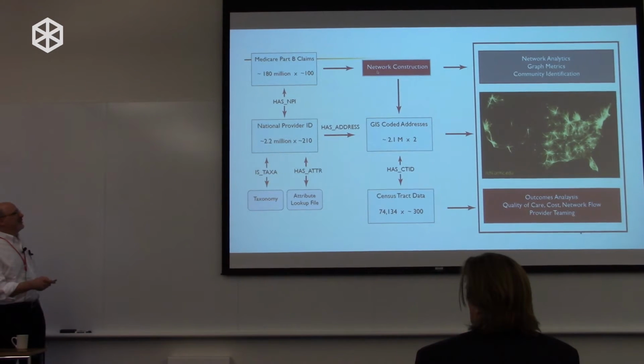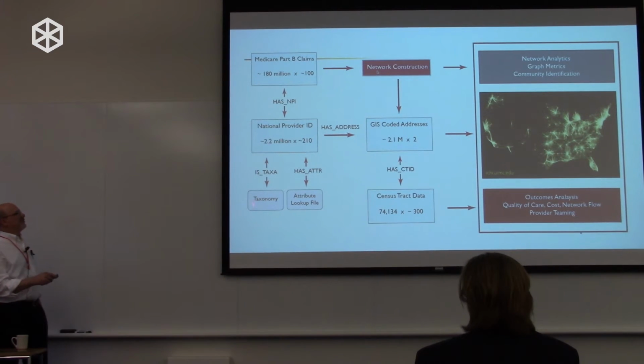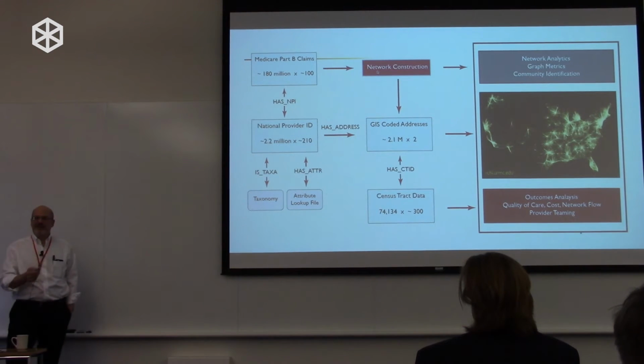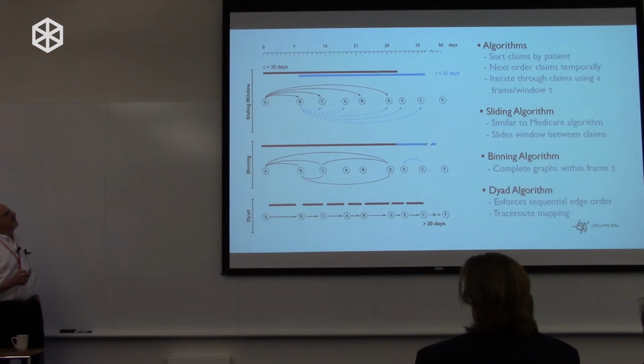Once we have geocoded addresses, we can associate provider groups with census tract data. We also have taxonomies. This part, the National Provider ID Index, is publicly available, and you could download it now without any issues. So we looked at 3 types of graph construction algorithms.